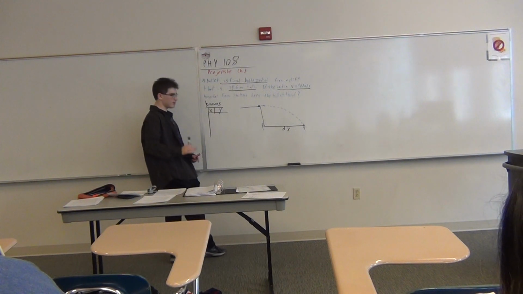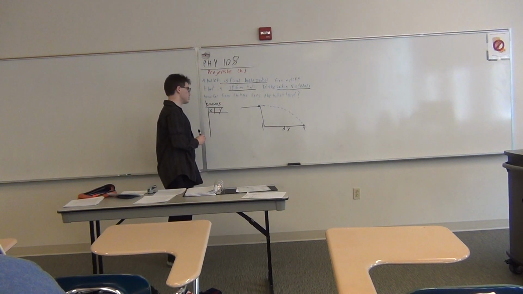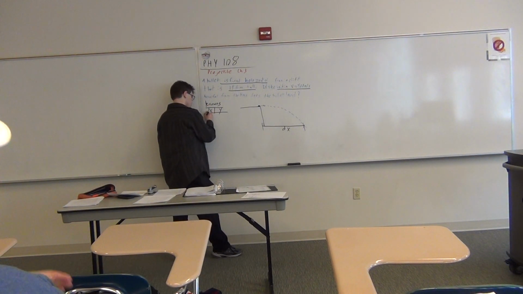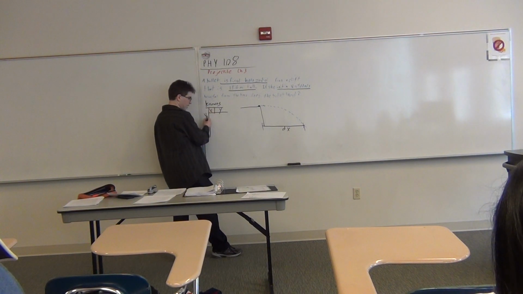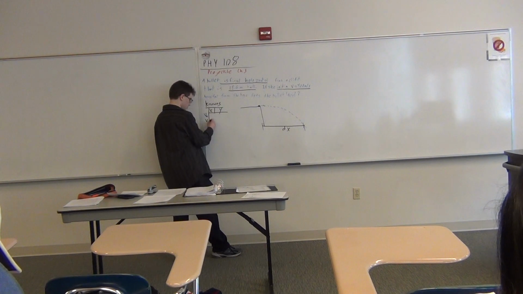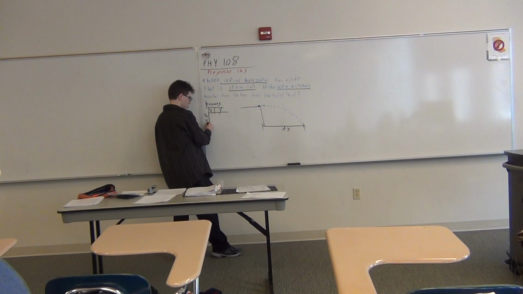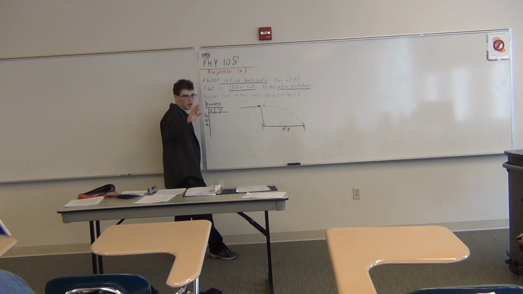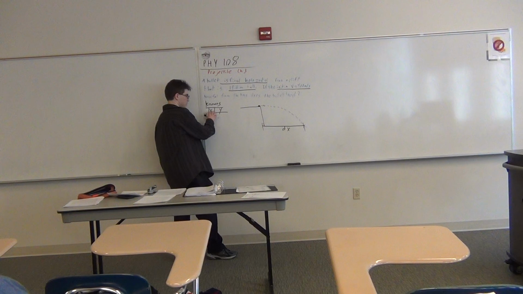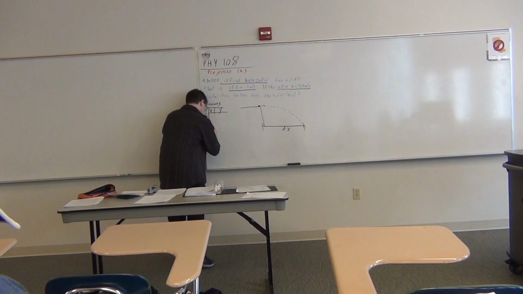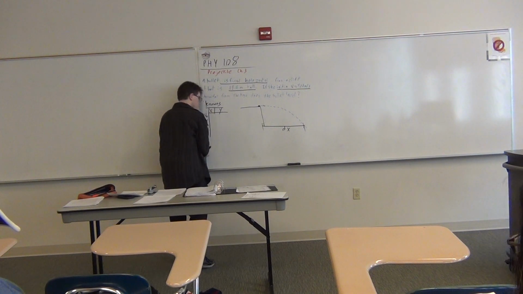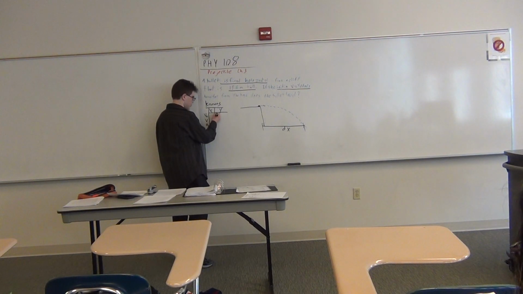And the things we can know in a projectile problem are the initial velocity, v naught, the final velocity, v, the acceleration, a, the distance. I know Dr. Walzer usually uses x, but to not confuse you with the direction x, I'm going to use d. And the time.